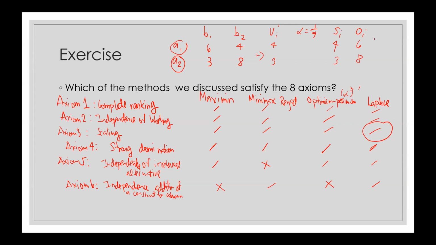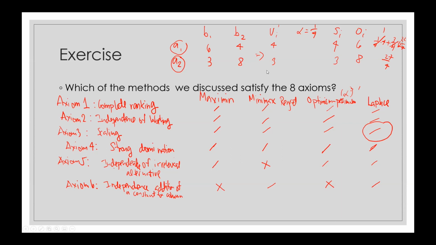Now we apply it: 1/4 times 4 is 1, plus 3/4 times 6 is 9/2. So 1 plus 9/2 is 11/2, or 22/4. For the other, if you compute, you get 27/4. So if you select the highest, you would select A2.